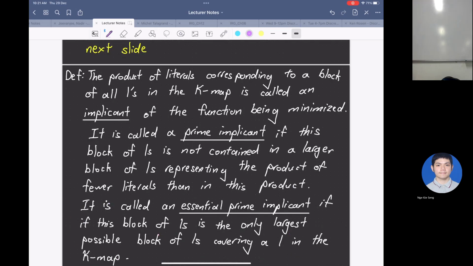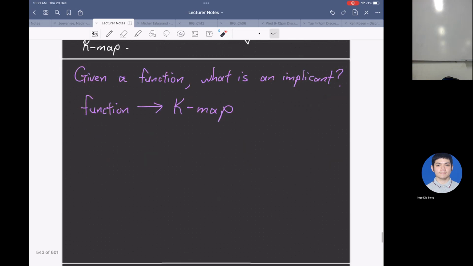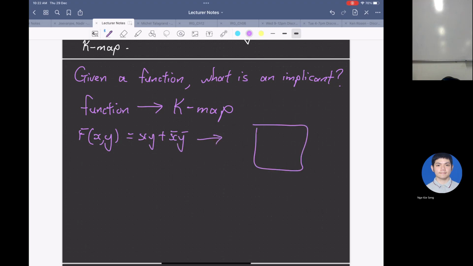Implicants are products of literals corresponding to a block of all ones. For example, maybe in your mind you have xy plus x bar y bar. So you build a K-map. You get two ones here, xy and x bar y bar. So what kind of block of ones can you draw here?